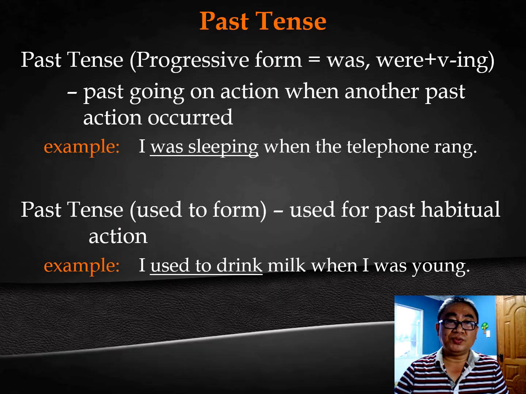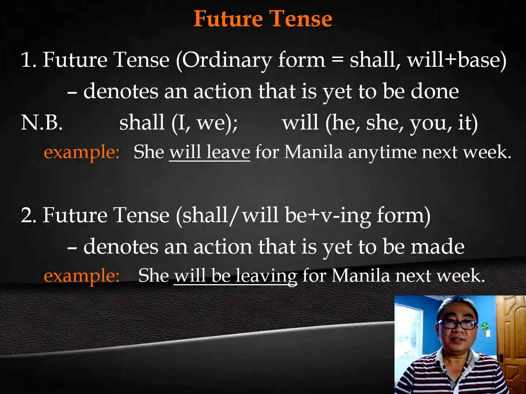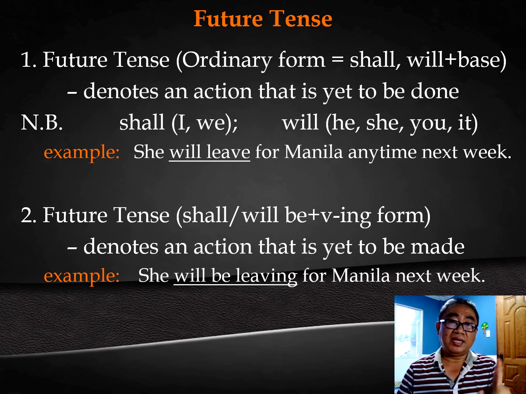Now we will go to the future tenses of the verb. Okay, so we have the ordinary form shall and will plus the base form of the verb that denotes an action that is yet to be done. You use shall with I and we, and will for he, she, you, and it.